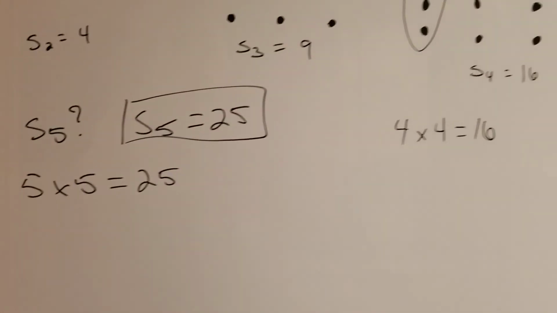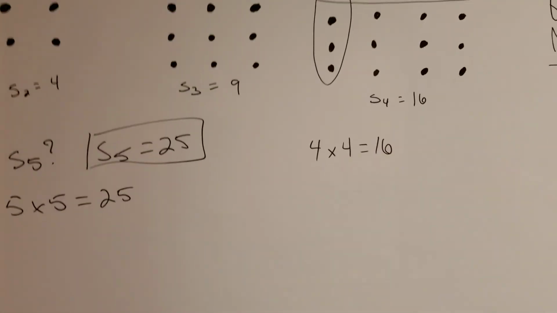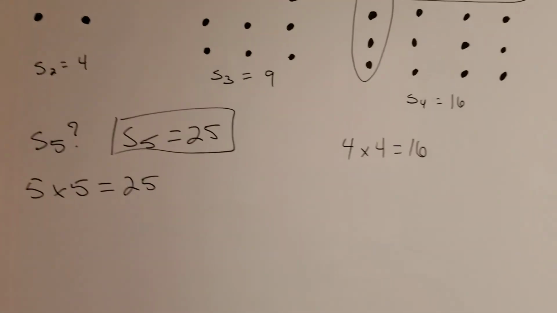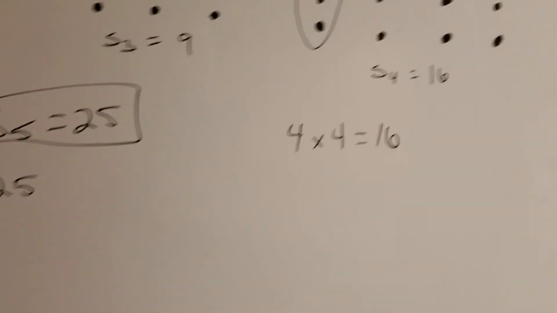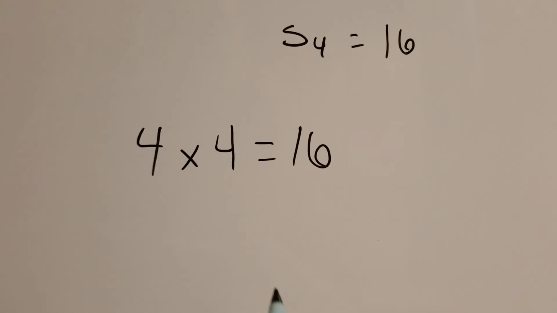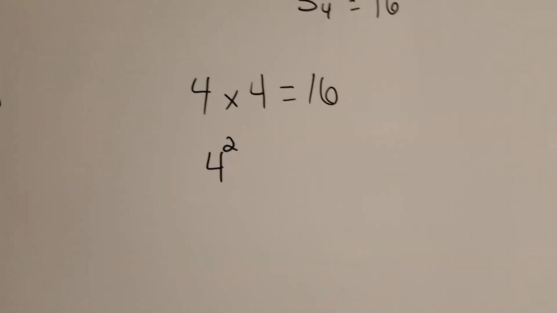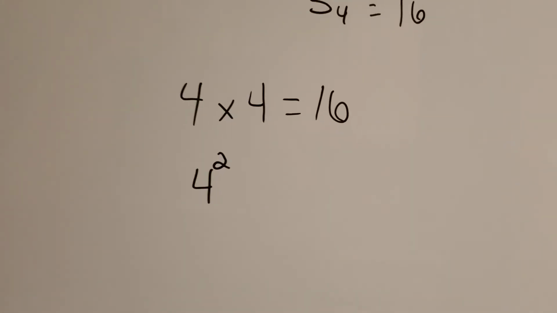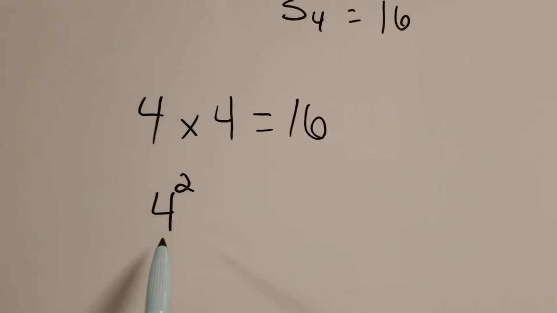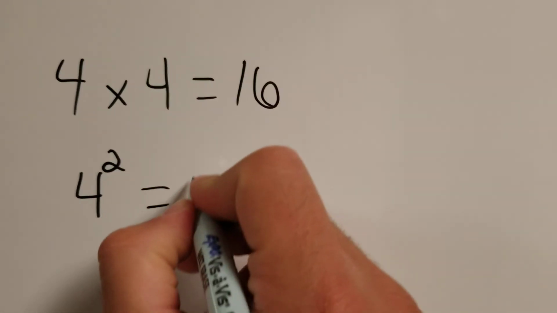Anyways, we could take this concept and keep going and going. As you have probably already realized, what we're doing is squaring numbers. 4 times 4 is the same as 4 squared. That's a different notation you might see in math. Whenever we multiply a number by itself, we can just put the little 2 above it: 4 squared equals 16.